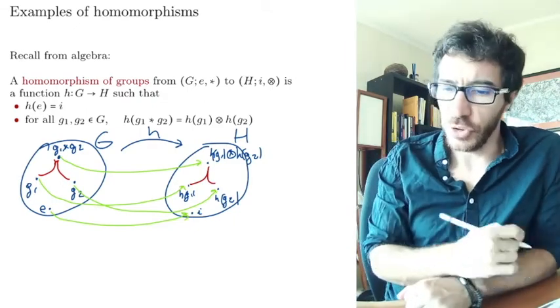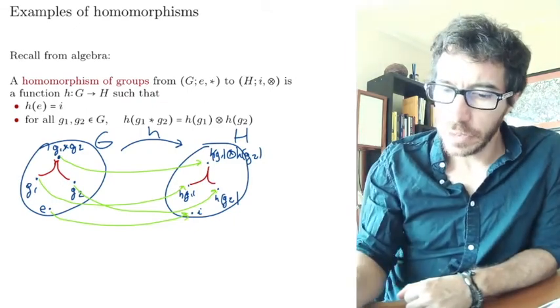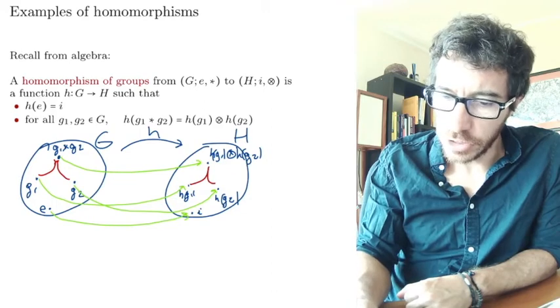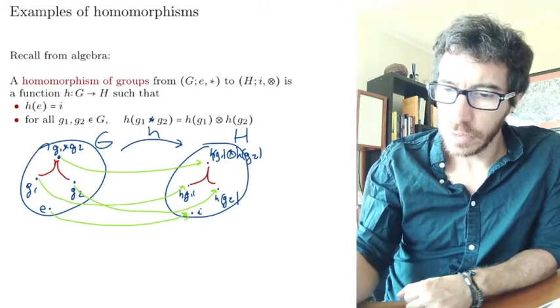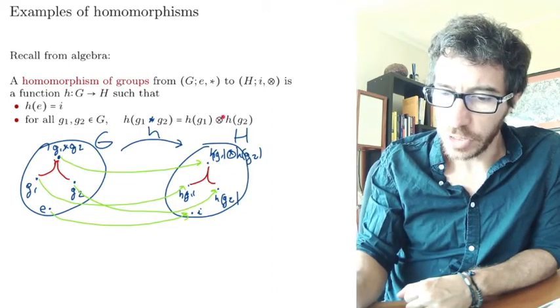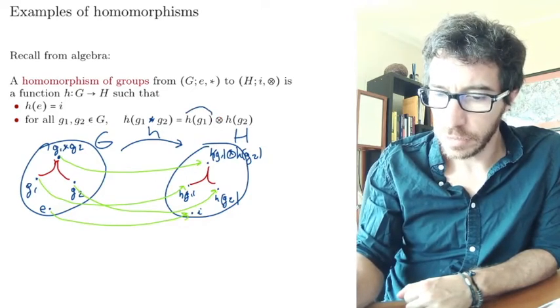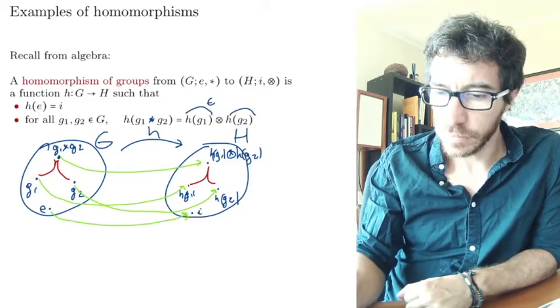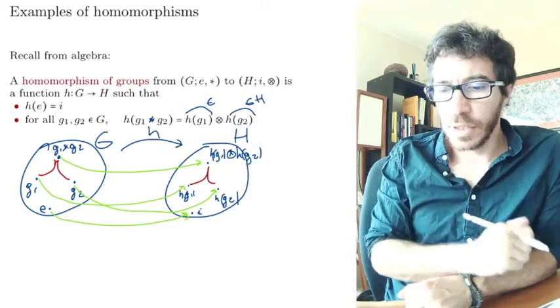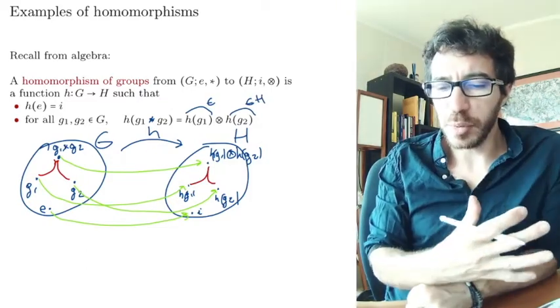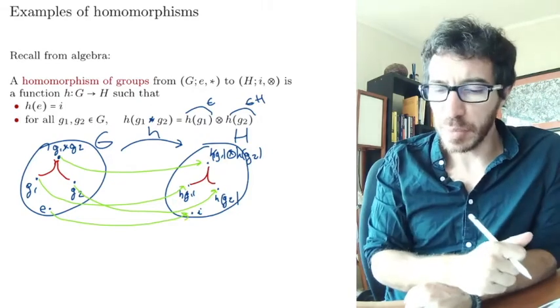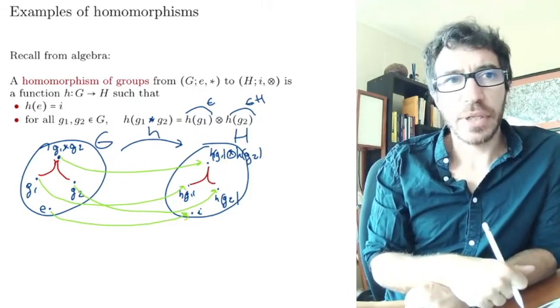Notice this operation here is on the G side, while this operation here is on the H side, because these elements belong to H. Good, so that's a homomorphism of groups, which I hope you remember from abstract algebra.